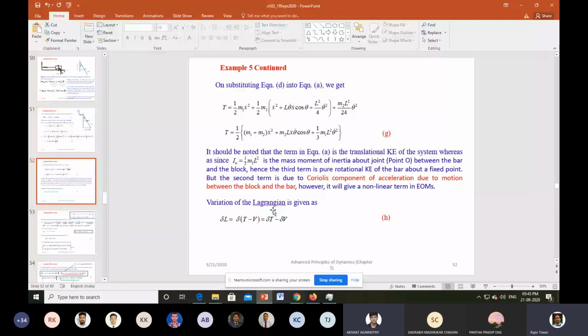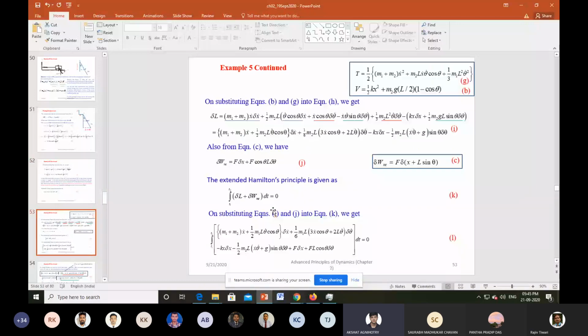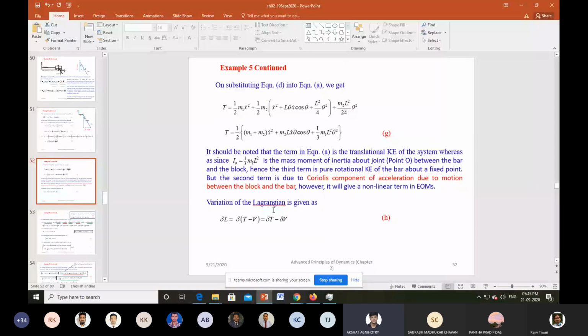So this is the one. Yes, sir. Last term in T, equation G. In equation G, the last term, 1 by 3, M2 it should be, or M1? That is M2.